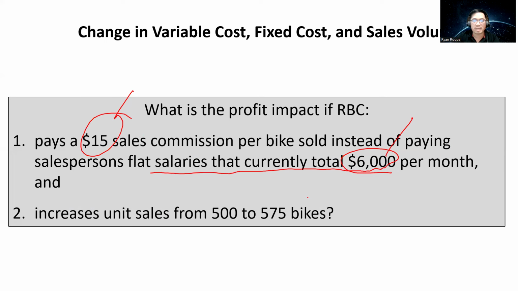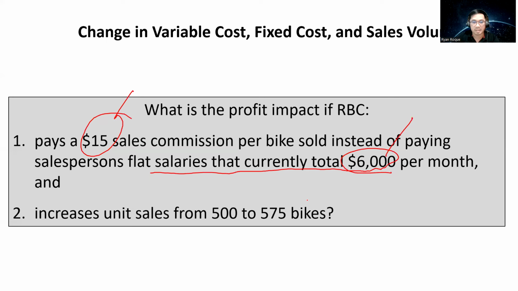But imagine the effort they would exert if they already reached the quota; probably they would not sell any more bikes. But if you change the fixed commission to a variable one, the more bikes the company sells, the more commission the employees would get. So they will be more motivated if you do this.